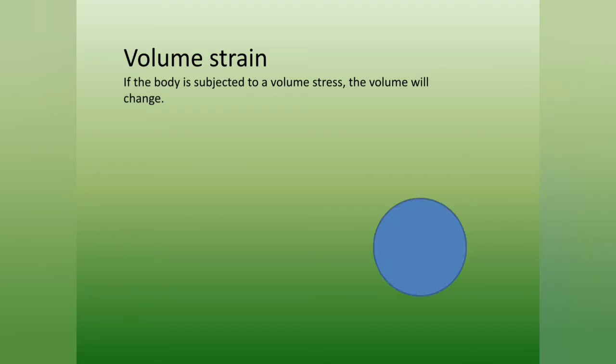Volume strain. What is volume strain? If the body is subjected to a volume stress, the volume will change. Correspondingly, we can measure volume strain. Consider an object, let it be a sphere, of volume capital V. This sphere is subjected to normal force from all sides.